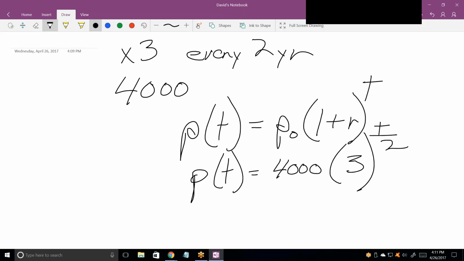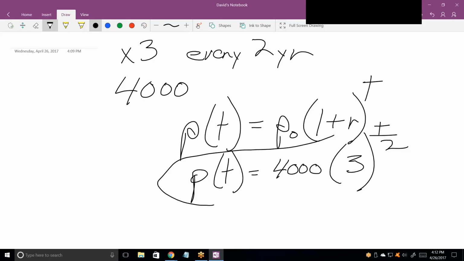We know that. When t is 2, the population should have tripled. And it does. 4,000 times 3 to the 1 power. When t is 4, population should have tripled twice. And it does. We've got 4 over 2, 3 squared is 9, it goes up to 36,000. That's tripling twice. So that works.